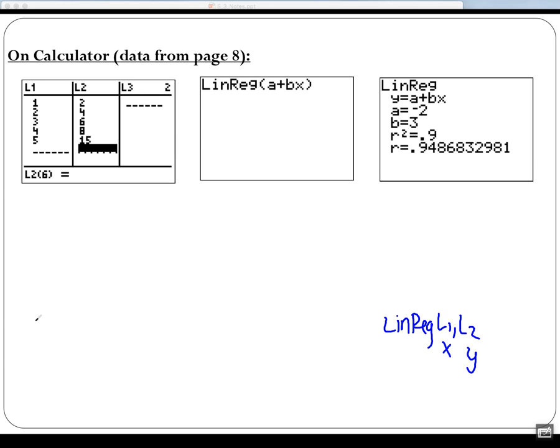If you just put lin reg, it's automatically going to grab list 1 and list 2. So if you switch the order, or use different lists, then you have to specify what list you're using. If I'm choosing L1 and L2 in that order, I don't have to really do it. Correct. You still should, just for good practice. So we're all on the same page so far?